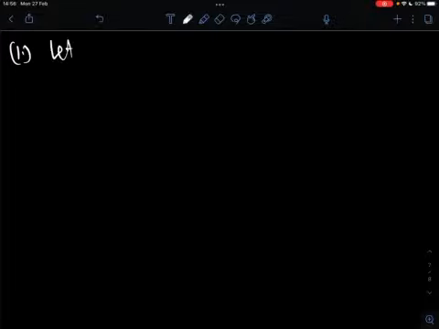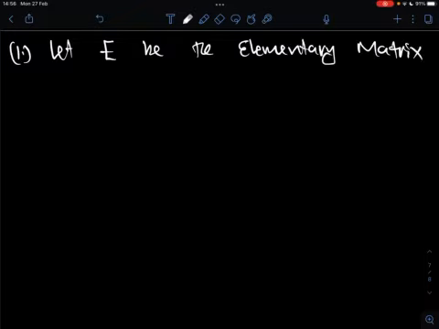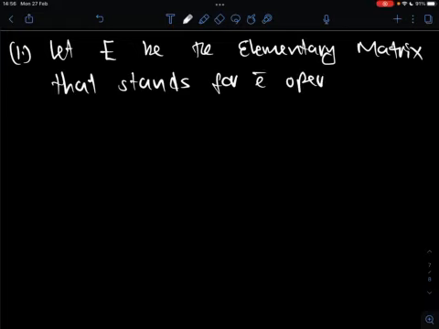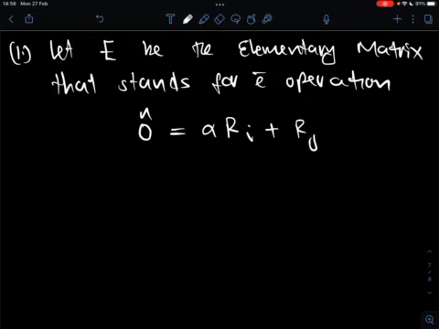So let E be the elementary matrix that stands for the operation O hat, such that O hat is an operation which takes alpha of Ri and adds it to Rj.